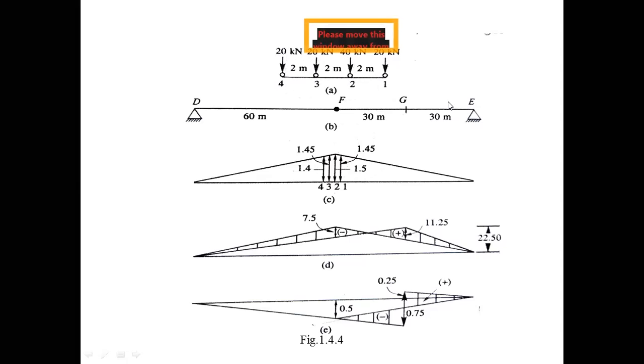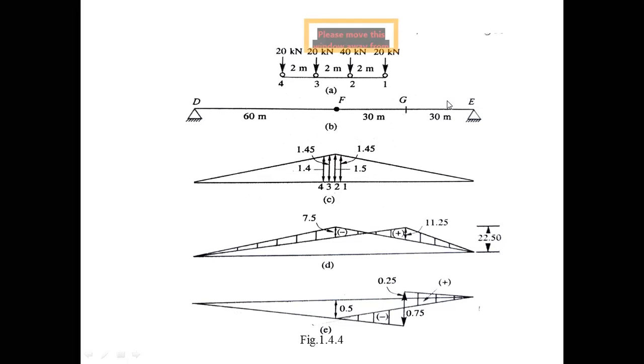This wheel load will be passing over this girder. While it passes over the girder, what is the maximum horizontal reaction developed in the cable tension? What he asked is the maximum value of the horizontal reaction in the cable. In analysis of a suspension bridge, what is the maximum tension carried by the cable? That is one parameter.